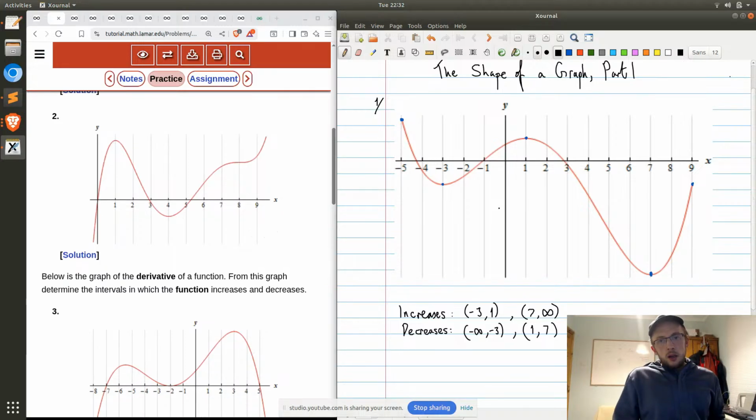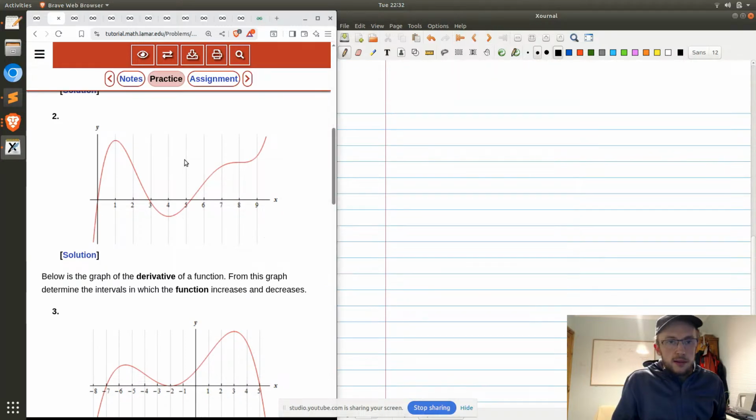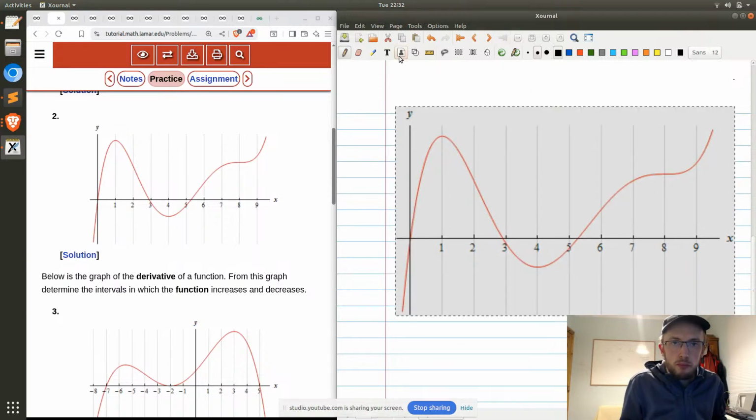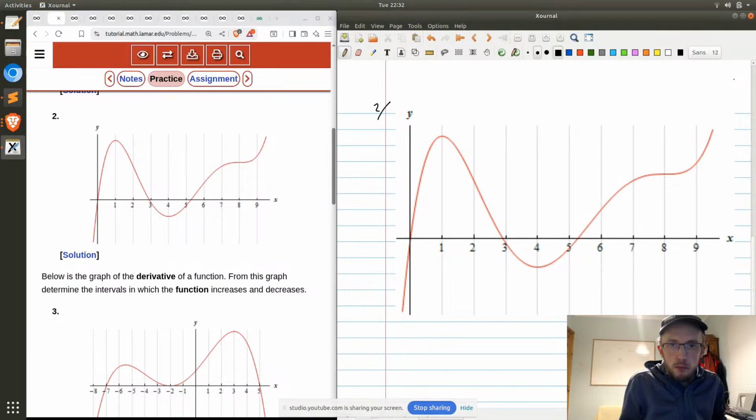Next, we have this. And here are the turning points. Well, that's like an inflection point there, right?